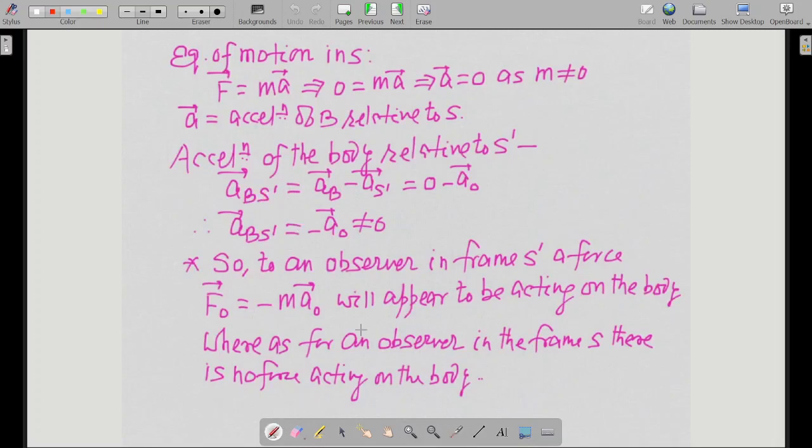And if we wanted to find out the acceleration of S prime relative to body, what will it be?